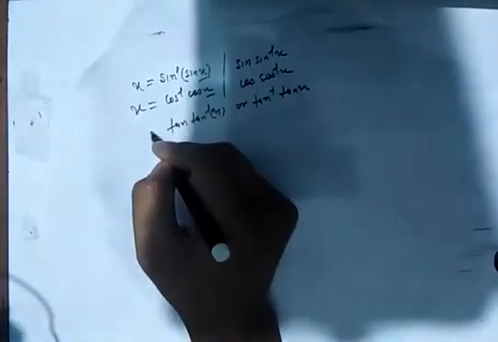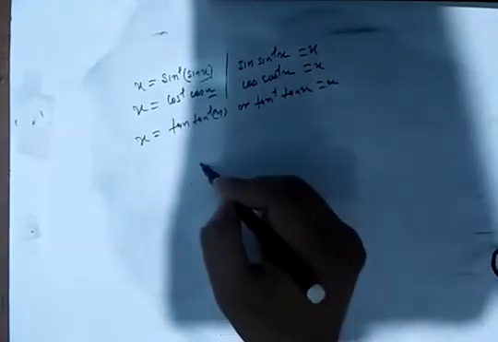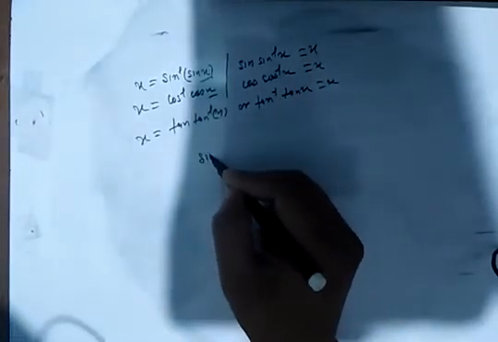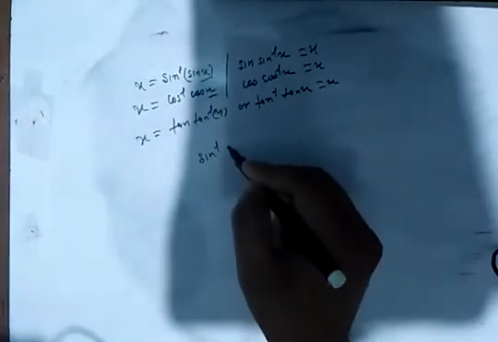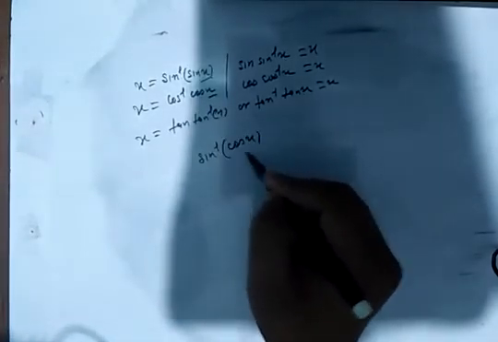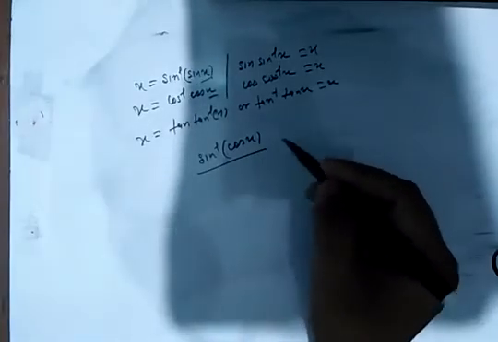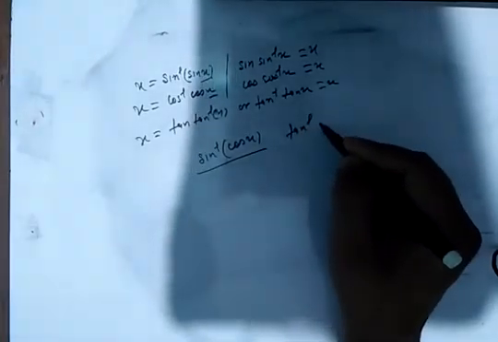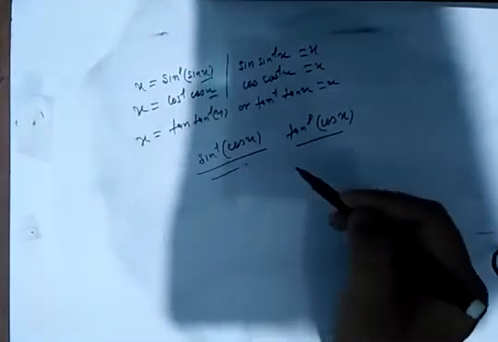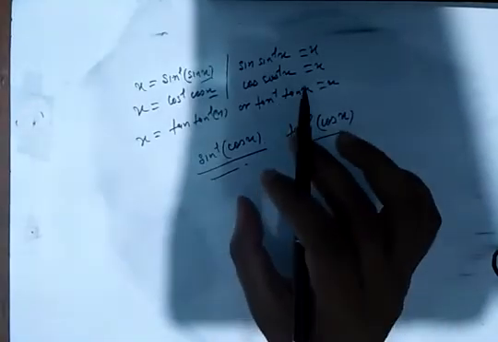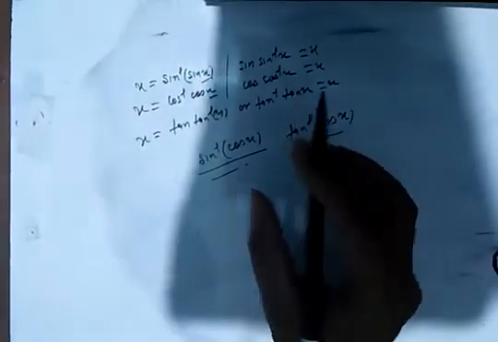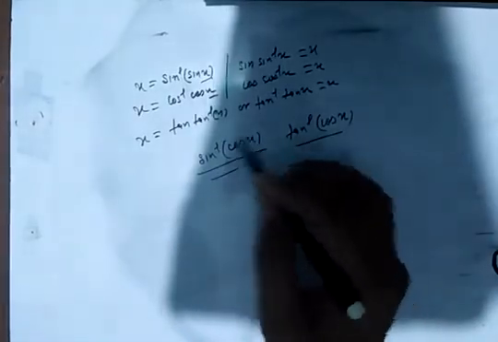This is nothing but x, all of these are x. But what are the conditions for obtaining this value? If you are given sine inverse of cos x or tan inverse of cos x, how can you find it? For such questions we need some concepts, so I will give you the basic concepts with which you can solve any question.